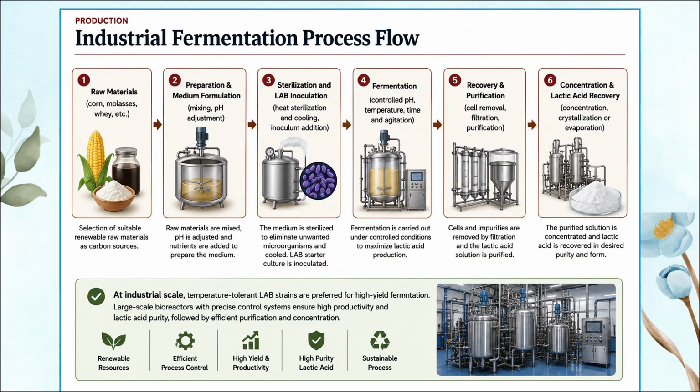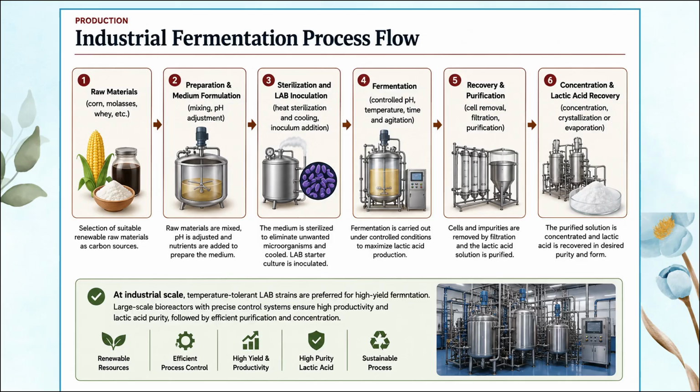Okay, let's see the production process involved in this. This is the flow chart. First, we have to select suitable renewable raw materials, very cheap raw materials which provide a carbon source. Corn, molasses, and whey are selected here. After selecting the raw materials, they go into preparation and media formulation.